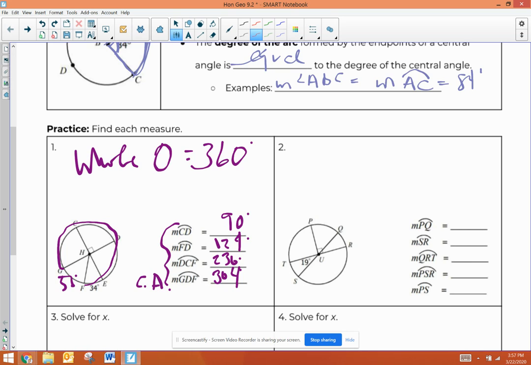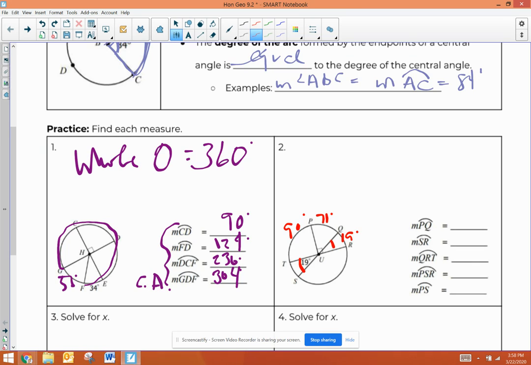So PQ here, these are vertical angles, so I know that that's going to be 19. And then 90 minus 19, I'm nervous with my mental math right now, 71. This will be 90.